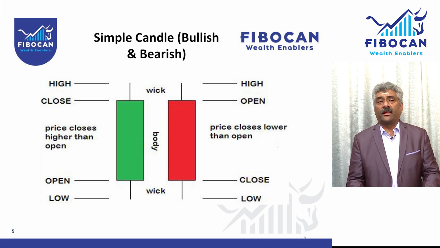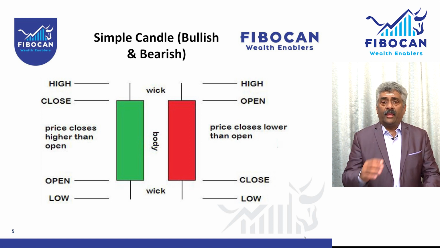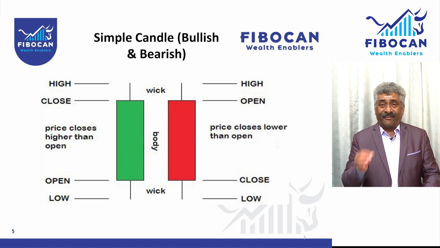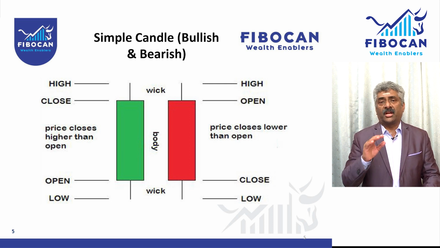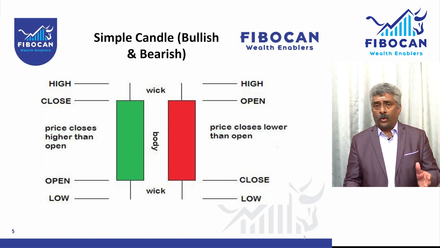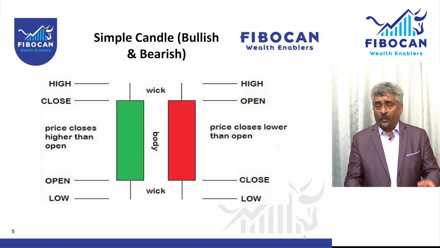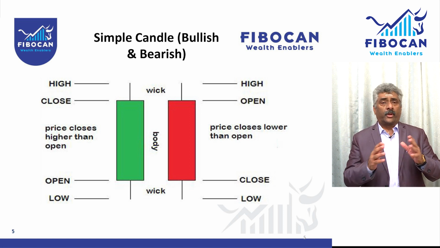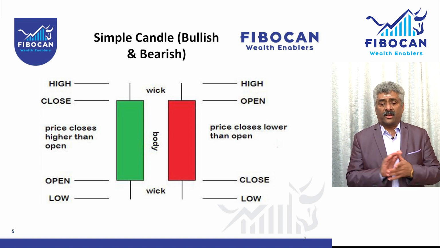Simple. That is called a green candle. You have the high, which is represented by the highest point, the wick, or they also call it shadow. On the lower side you see the low, also called the lower wick or the lower shadow. Whichever name you want to use, please understand the concept.